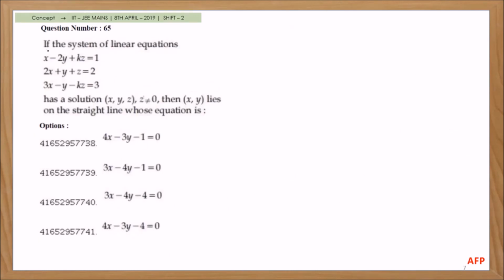Next problem. If the system of linear equations has a solution, meaning x, y, z values exist and z is not equal to 0, then x comma y lies on the straight line whose equation is. So here 3 equations are given. From the first and second equations you can eliminate the z factor: x minus 2y plus kz is equal to 1 and 3x minus y minus kz is equal to 3.